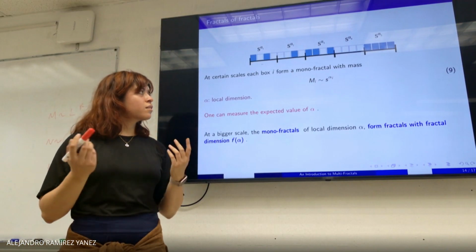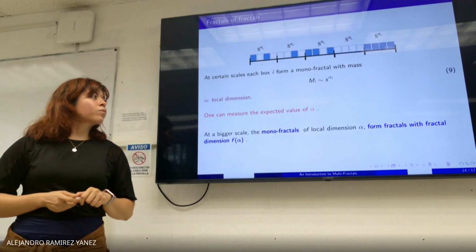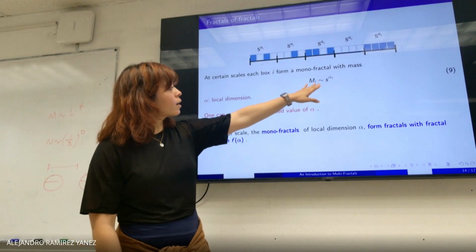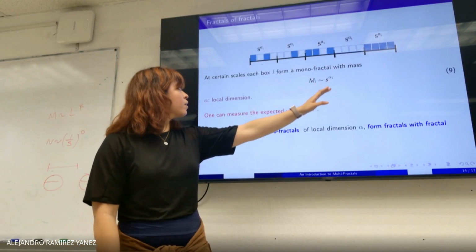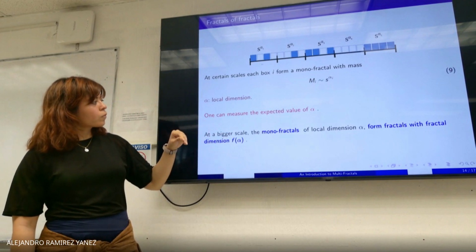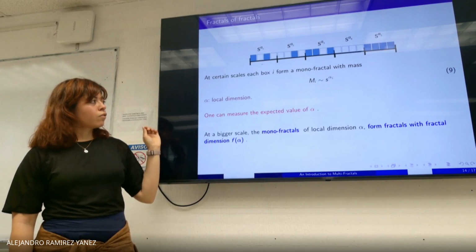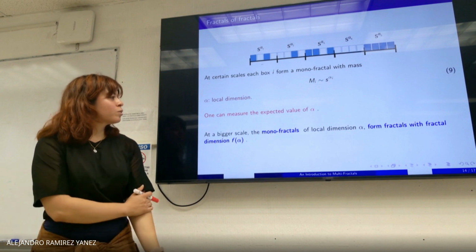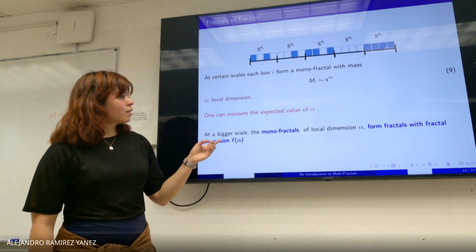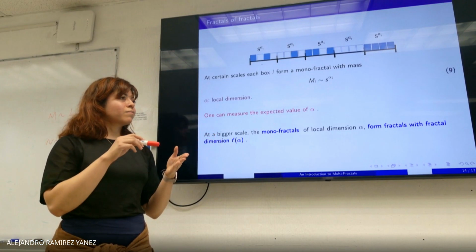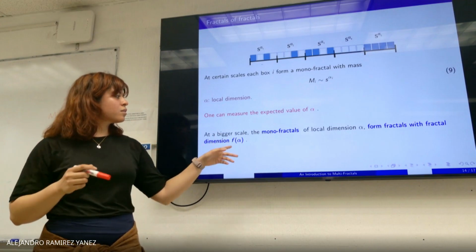Hence, you have fractals of monofractals. So the monofractals will be characterized by the dimension alpha, and we call it the local dimension. One can only measure the expected value of alpha because of these ideal suppositions. And the fractal dimension of the fractal made of fractals is f of alpha.